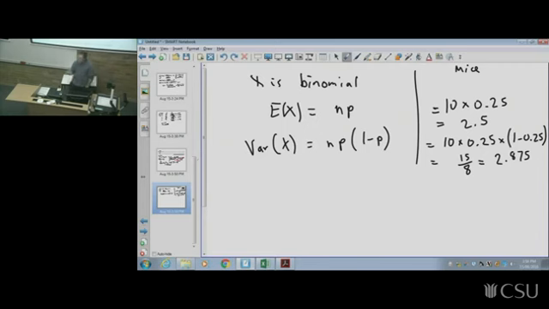So that's the variability in this case, and so we can work out the standard deviation.